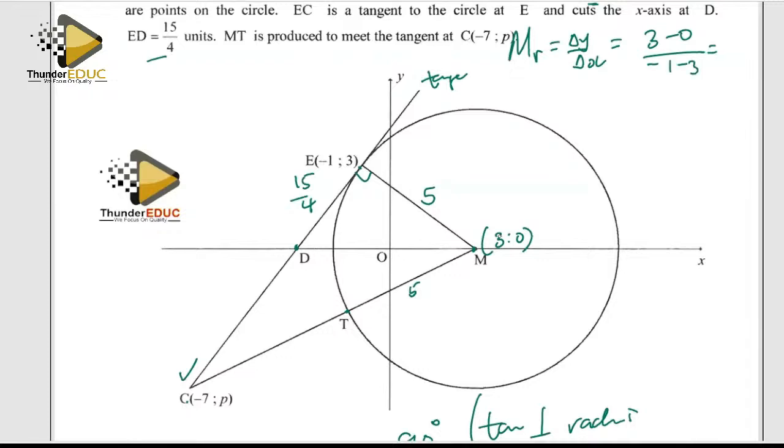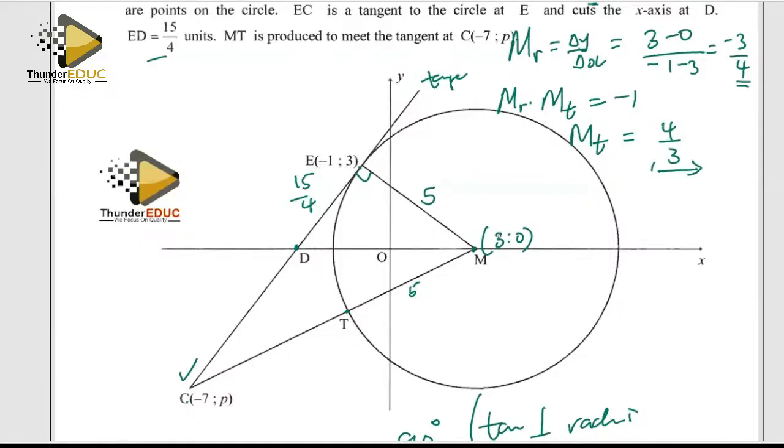So this gives me negative 3 over 4. That is for the radius. Then we know that the gradient of the radius times the gradient of the tangent must give us negative 1, meaning that the gradient of the tangent is 4 over 3.